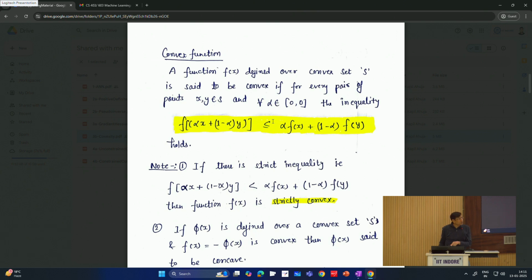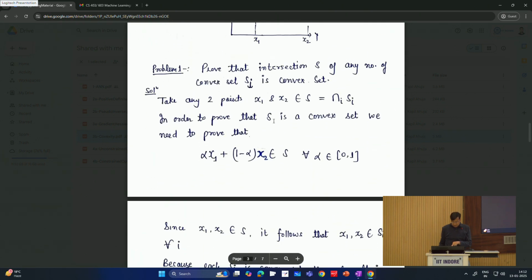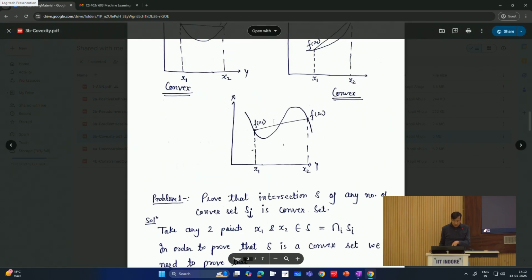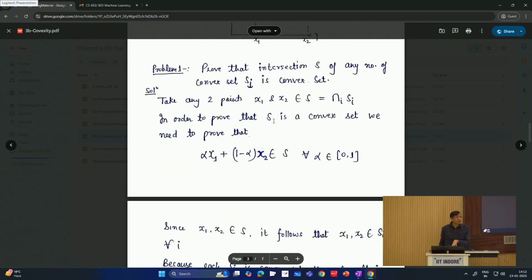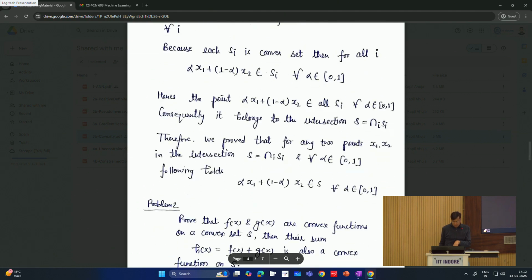If there is an equal to sign, then it will be a convex function. Everybody okay? Yes or no? Here actually we have proven a lot of things. You do this so that you get comfortable with convexity, please. Solve these problems and you understand it at home.